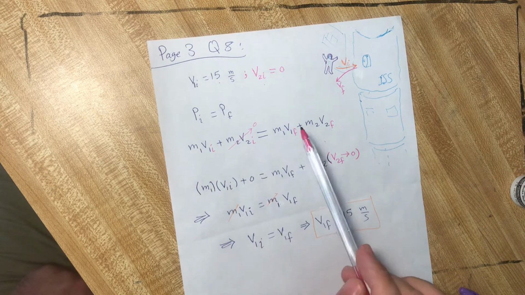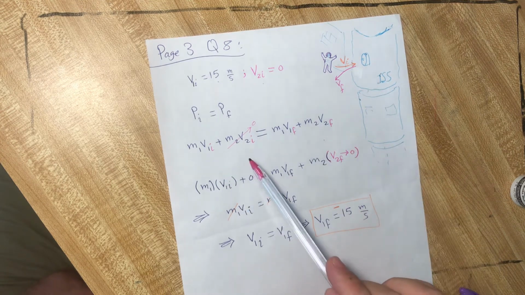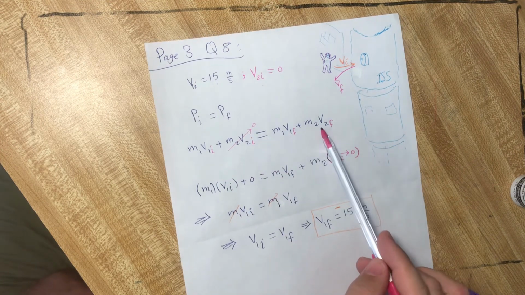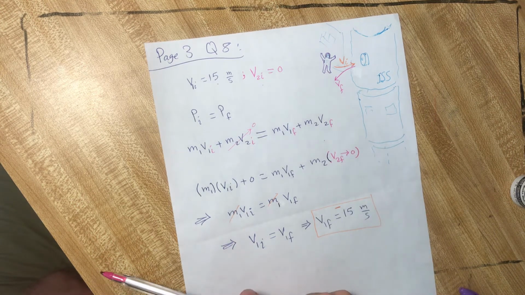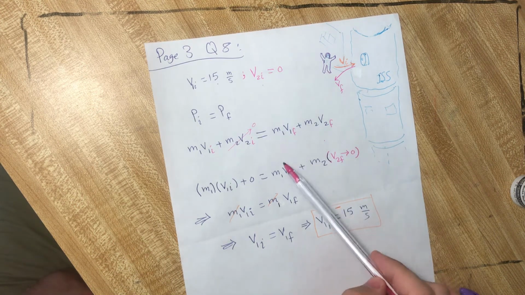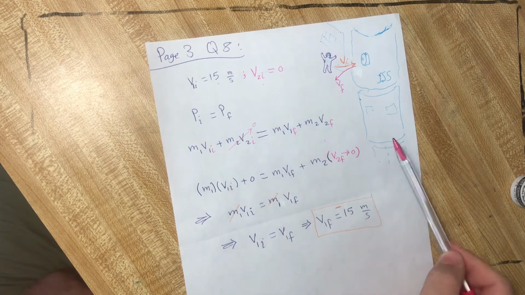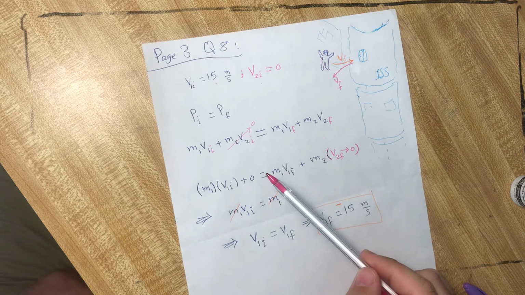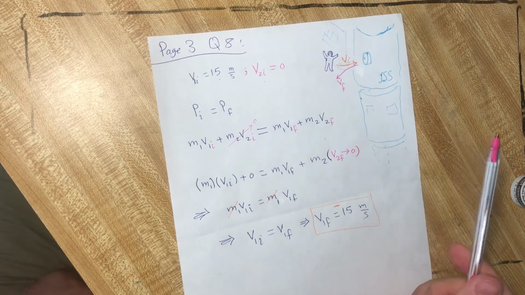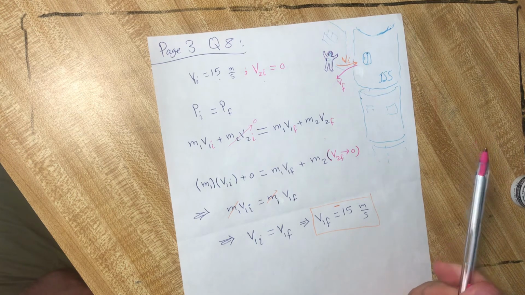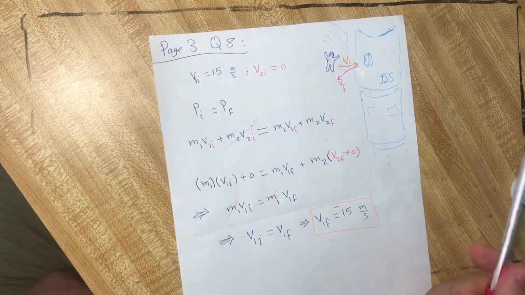Finally, we have the momentum of the astronaut after the reflection process and the momentum of the station. So we have m1 v1 finally plus m2 v2 finally, but the station is very huge. Imagine that you hit a football with, for example, a car.